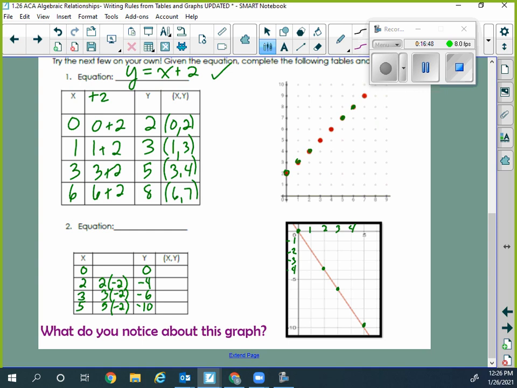So we know that the rule is what? Times -2, right? Or -2x is another way to write it. And what's the equation? If I write x -2, what does that look like? That looks like subtraction, so I don't want that.